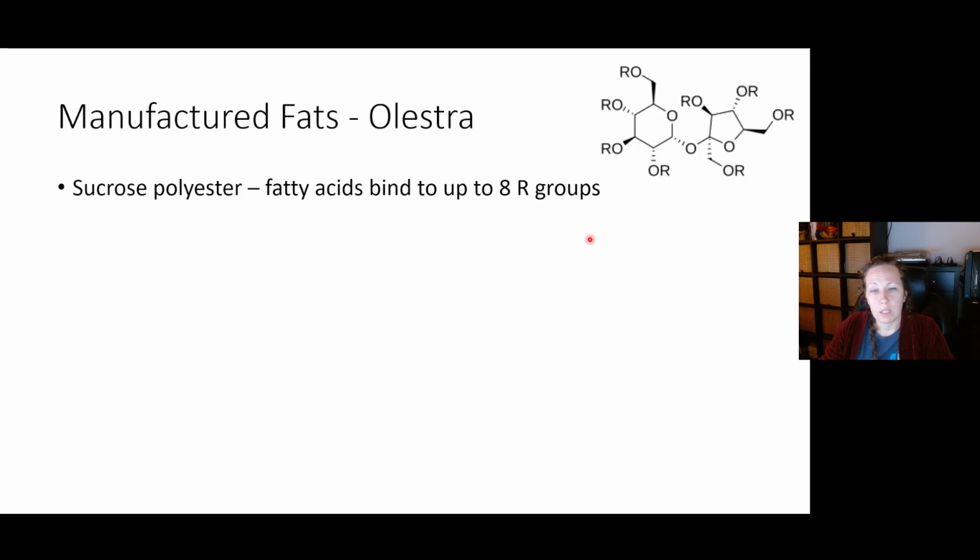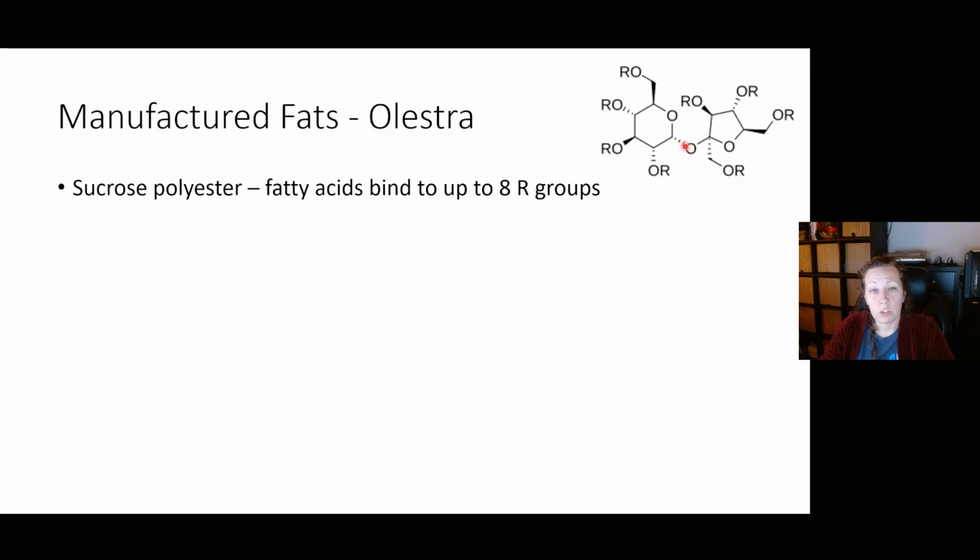If you want a liquid oil, if you're going to be frying and you want to use a liquid oil, then you put unsaturated or polyunsaturated fats on these R groups.